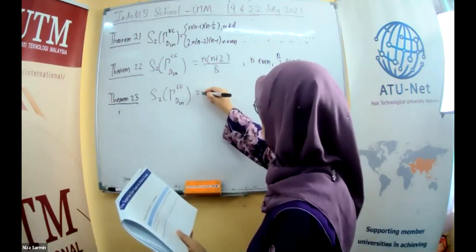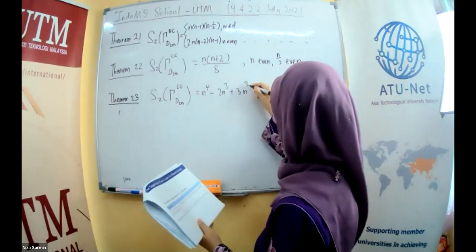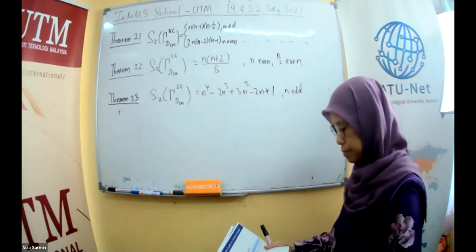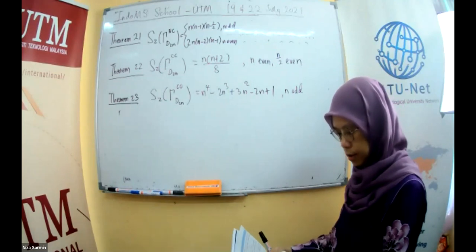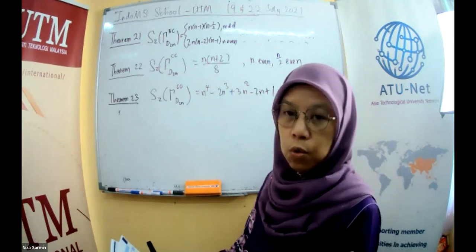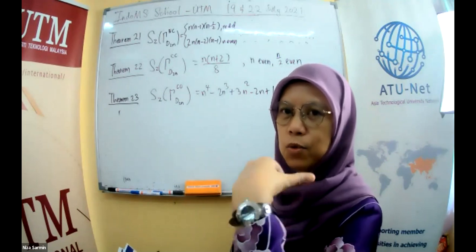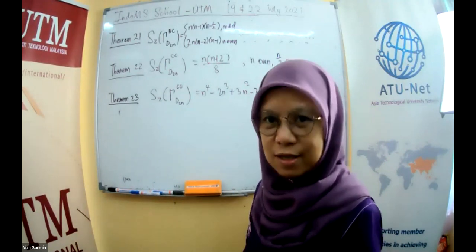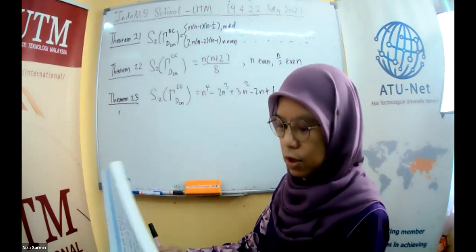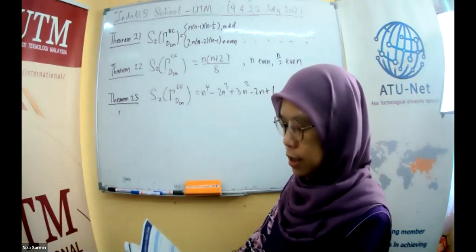This one is n to the 4 minus 2n cubed plus 3n squared minus 2n plus 1. We have to figure out which vertices are closer in terms of distance, and compare for each two. And you have to figure that out in general for this one because it's n.